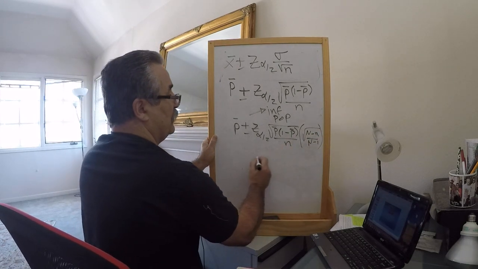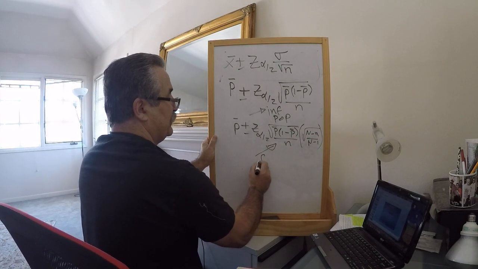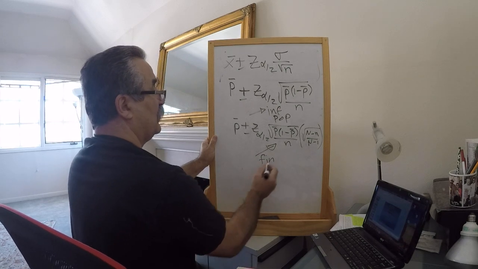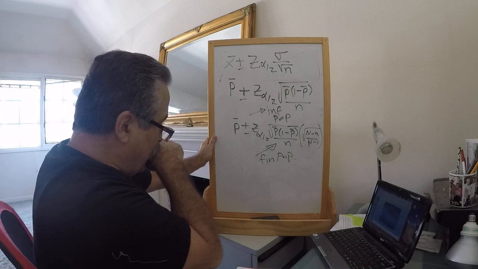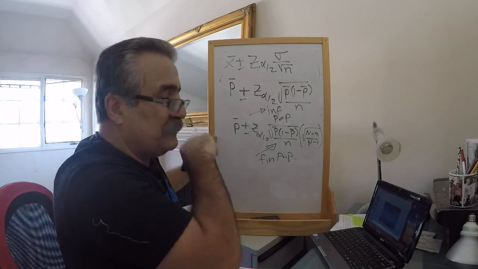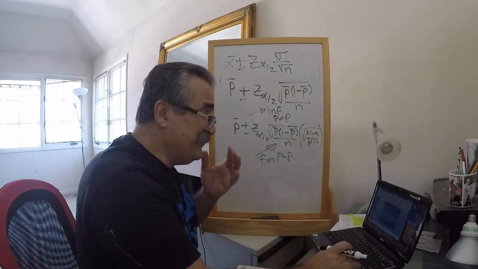This is for finite population. All right?